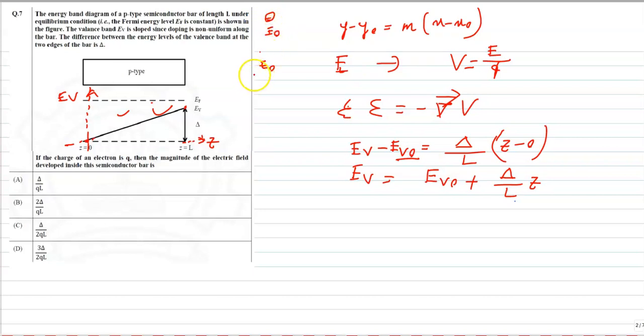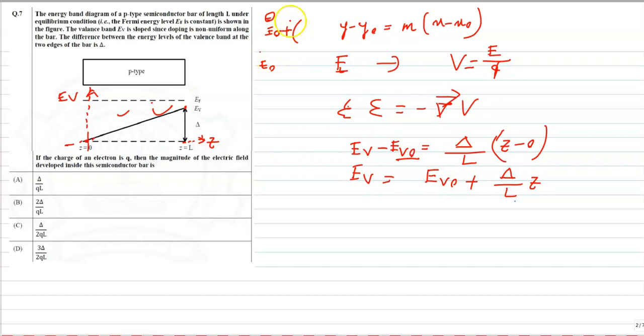If you apply a positive potential to this electron, what happens to this energy? From the basic theory of electromagnetics, you know energy is the charge, the electronic charge, times the voltage.